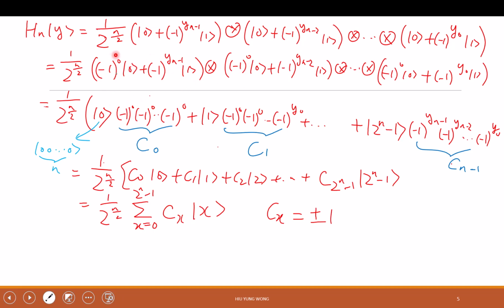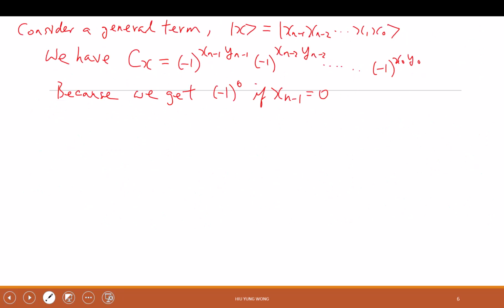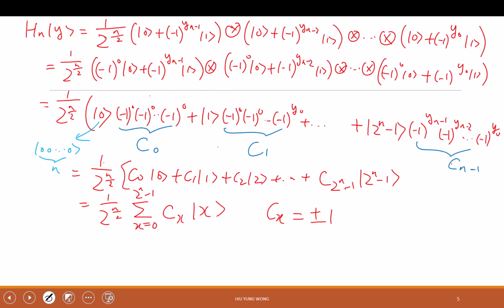You get a negative 1 to the power 0 as one of the terms if the corresponding digit x equals 0. And you get negative 1 to the power yn minus 1 if xn minus 1 equals 1. Let's look at this term. If one of the digits is equal to 1, this 1 must come with the coefficient of negative 1 to the power n minus 1 correspondingly.